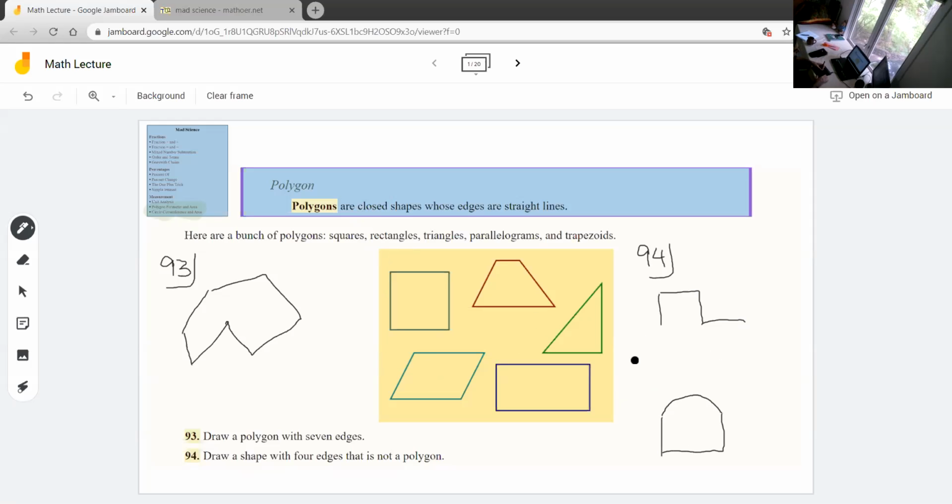Or you could do both: have a curve and it doesn't come back to where it started. Okay, everyone happy with those 2? Yep.